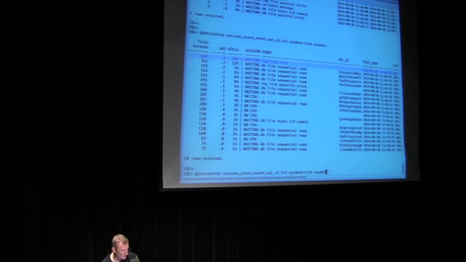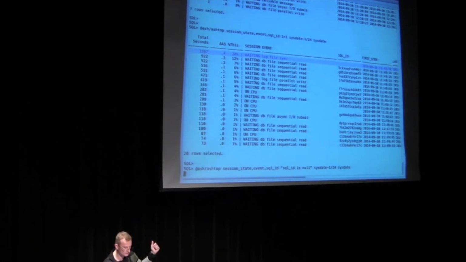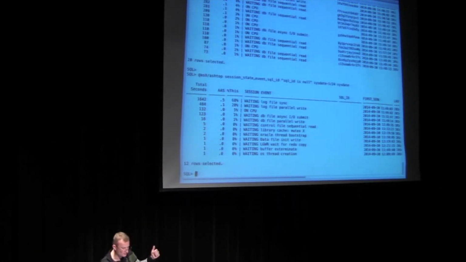So let's modify the filter. Let's just drill down into these entries in ASH where SQL ID is null. Now I'm listing only these wait events which were detected by ASH where we were actually doing something, not idle, but the SQL ID was null.